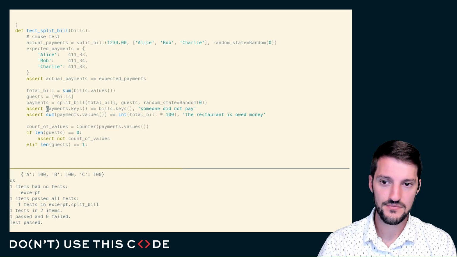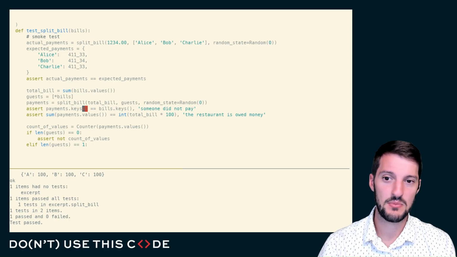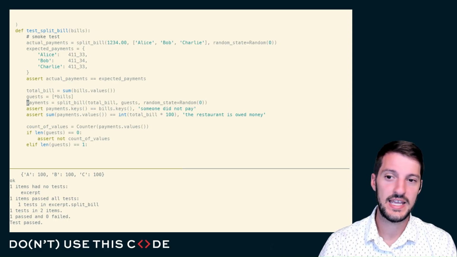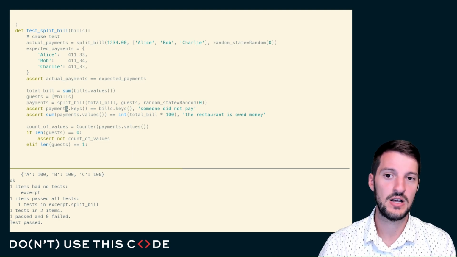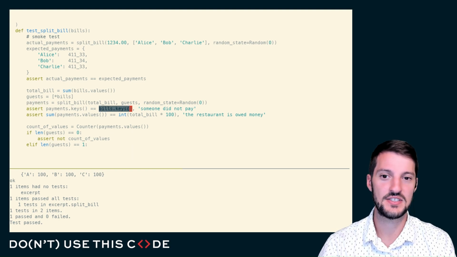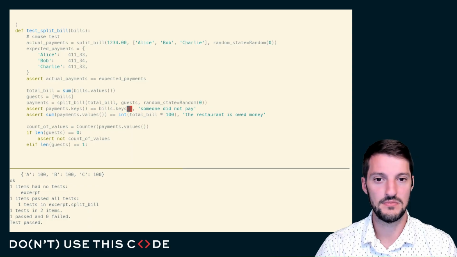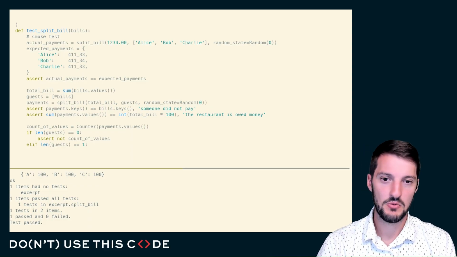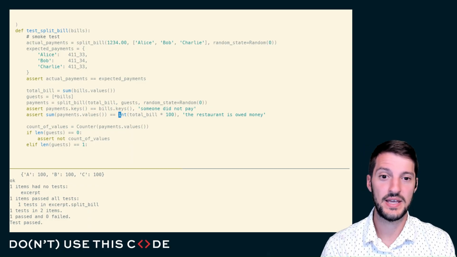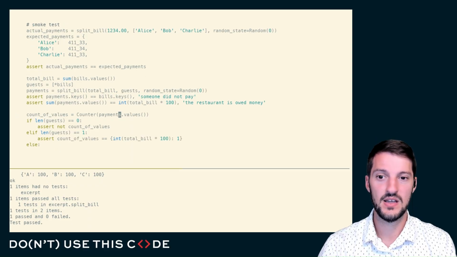For example, the payments.keys, remember, this is my output. So if you are being told that you need to pay this amount, well, you should have been present at the meal or at the dinner. And so this is just making sure that if you went to dinner, you're paying part of the bill. Then we can also assert that we are actually paying the restaurant the full amount of money that is owed.